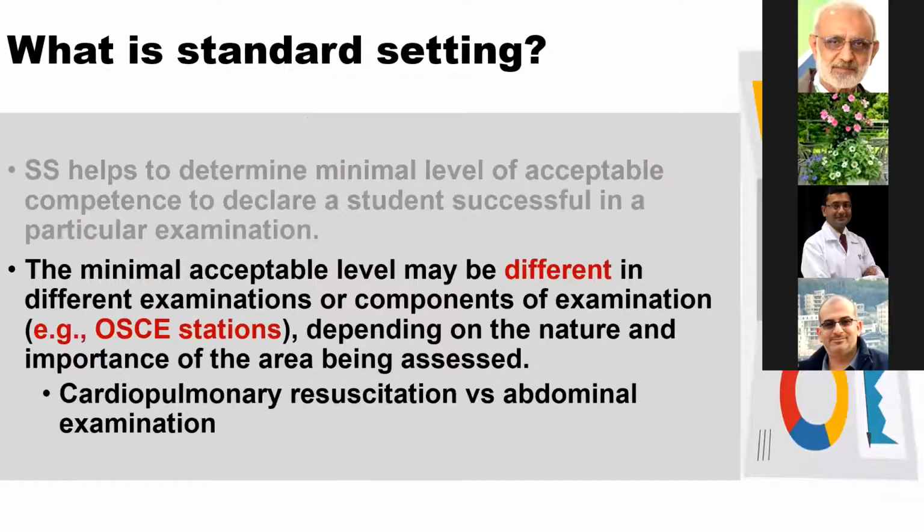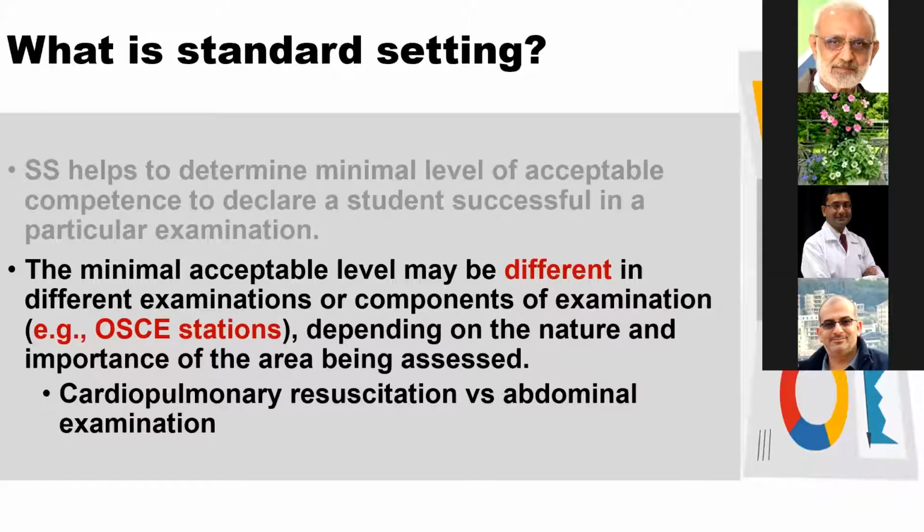The minimal acceptable level may be different in different examinations or components of examinations. For example, the minimal acceptable level may be different in different OSCE stations, depending on the nature and importance of the area being assessed.